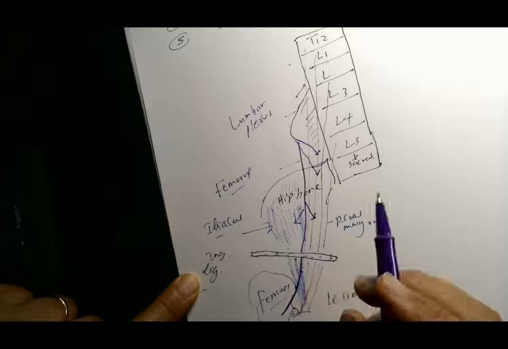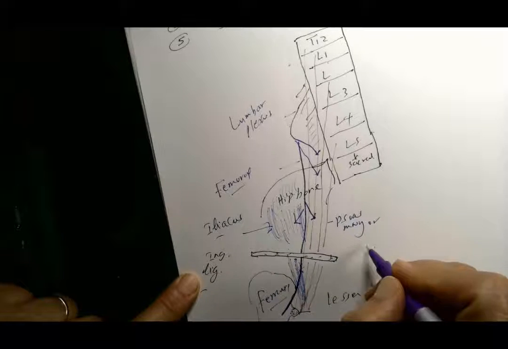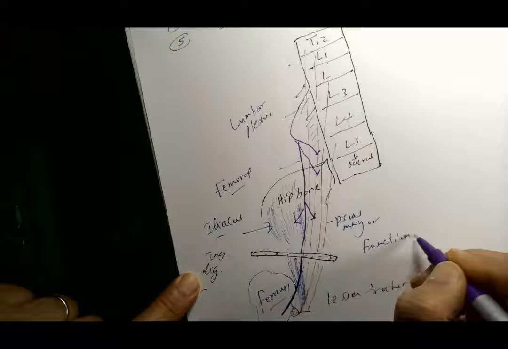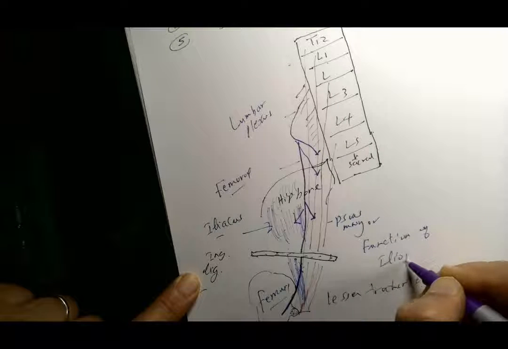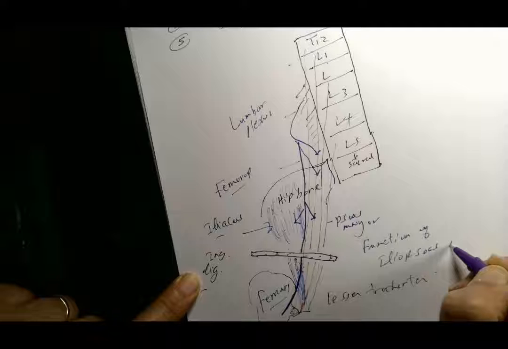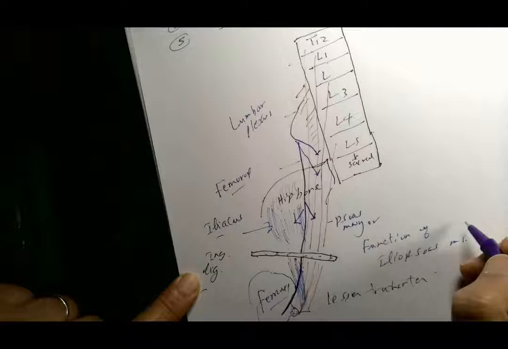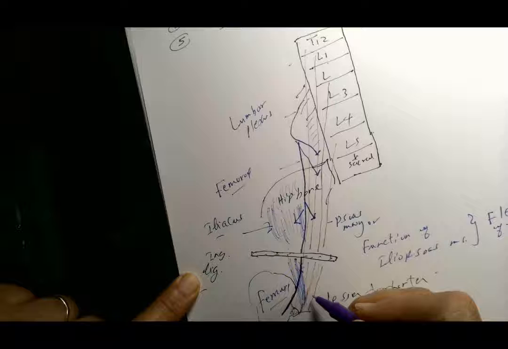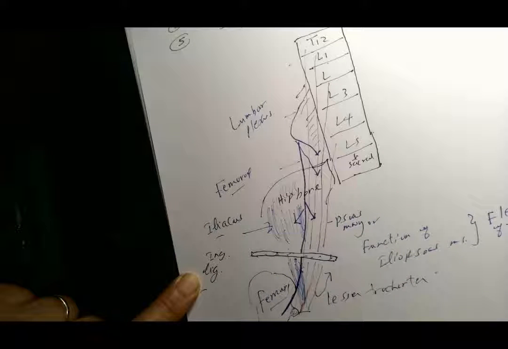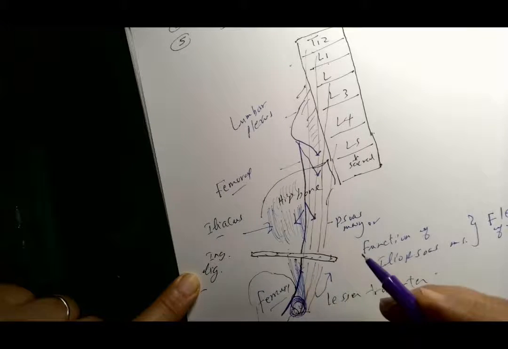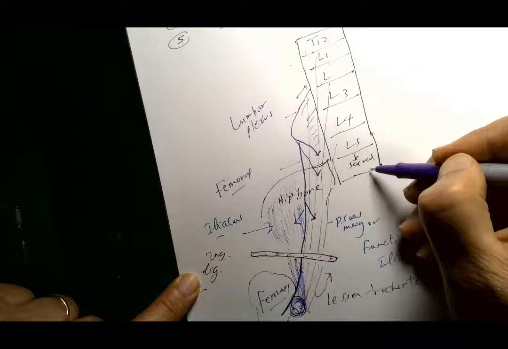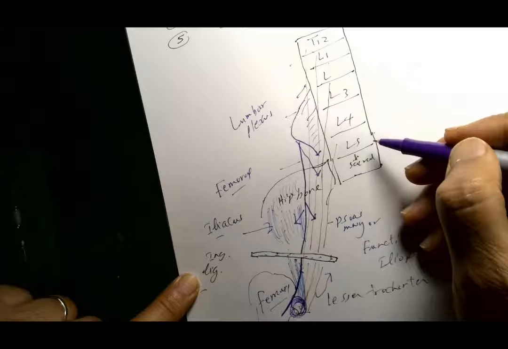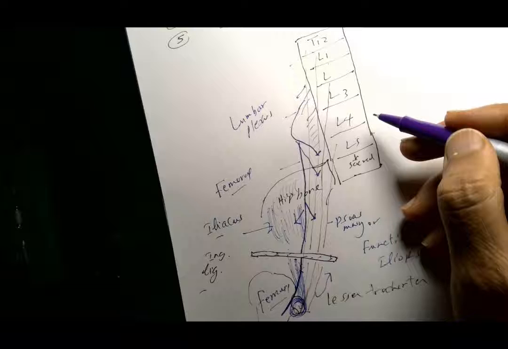So what is the function of iliopsoas muscle? Flexion of the thigh. So it flexes the thigh like this. Okay. However, if you fix the insertion, which is the lesser trochanter, it can flex the trunk.